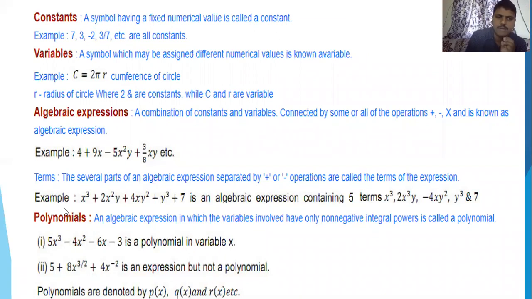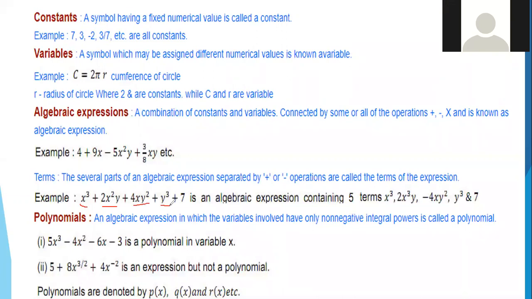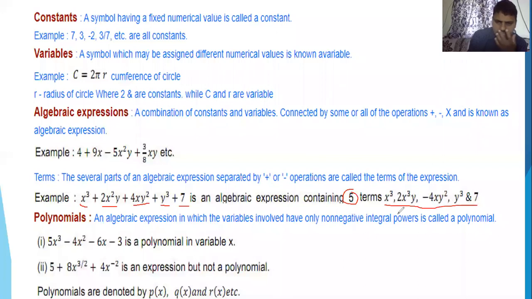Now here, children, examples: x cube plus 2x square y, 4xy square plus y cube plus 7, an algebraic expression containing 5 terms. If you observe here, term 1, term 2, term 3, term 4, term 5. There are a total of 5 terms. So you can write them separately also with commas.